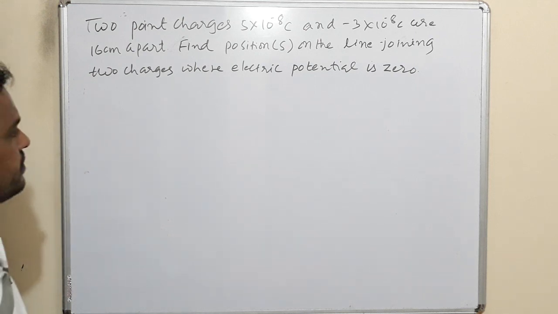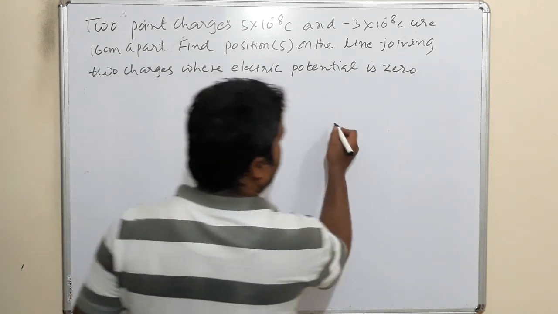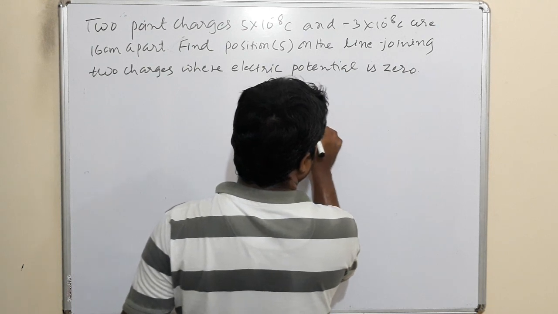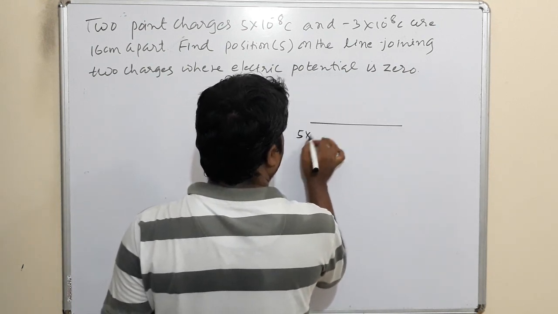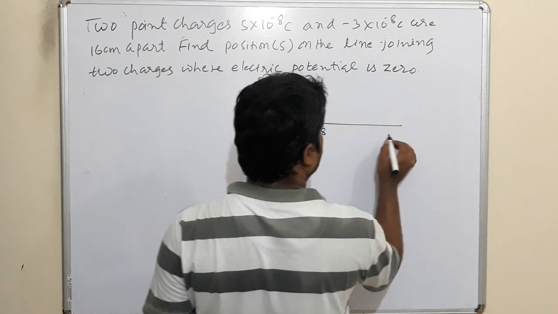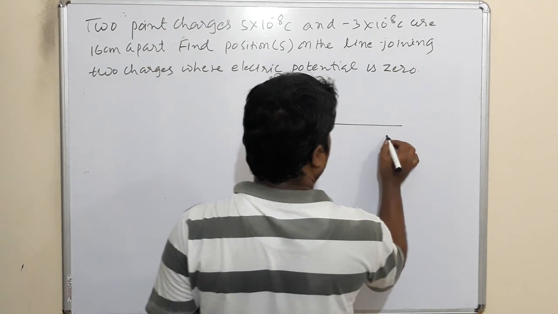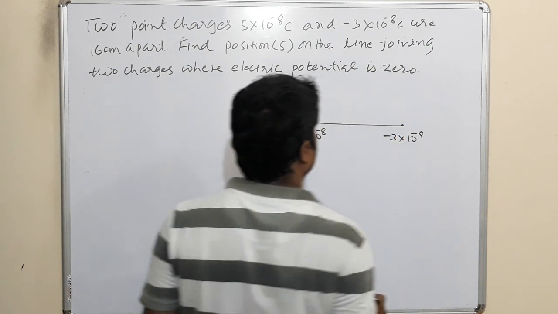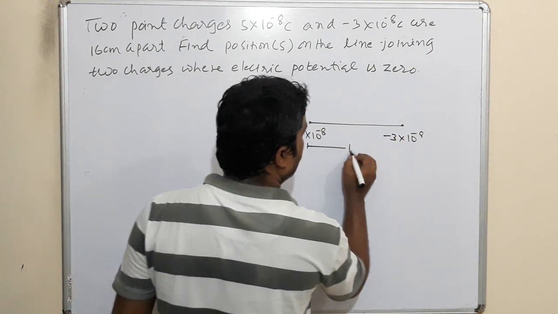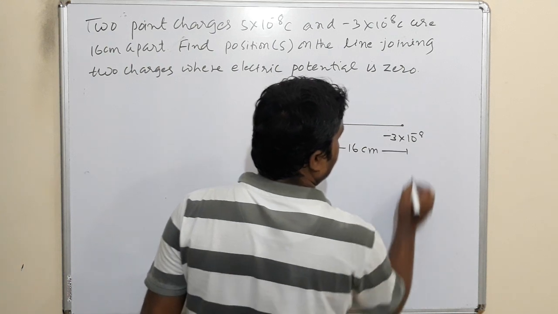Noted? Okay. There exist two charges. This is 5 into 10 raised to minus 8, it exists at this point. This is minus 3 into 10 raised to minus 8, it exists at this point. The distance between these two points is 16 centimeter.